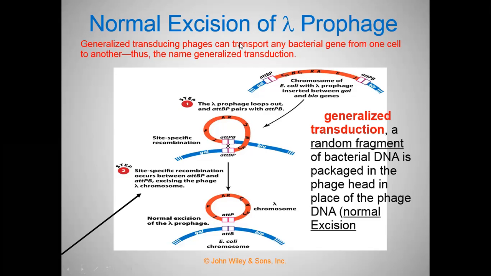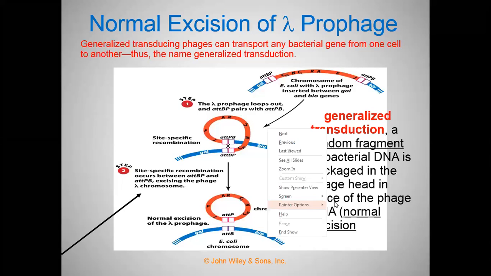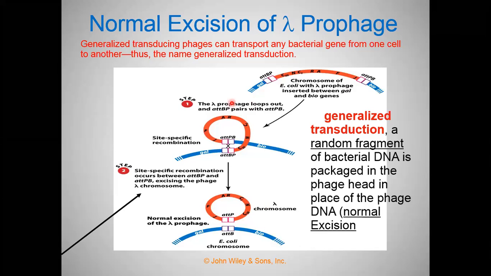If you look here, in the generalized mechanism, the prophage loops out, attBP binds with attPB, and after that site-specific recombination occurs, and the phage lambda chromosome is excised. So this process is normal excision.